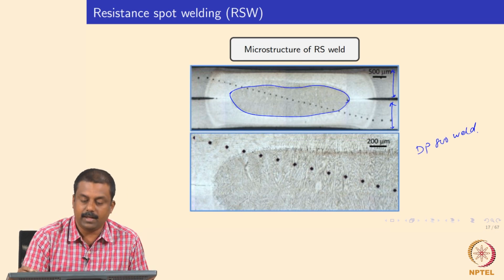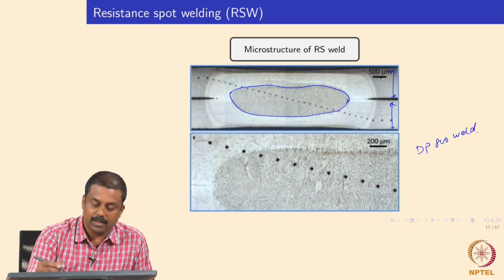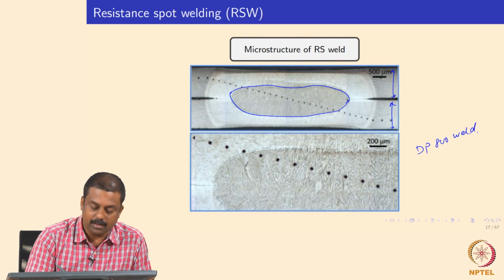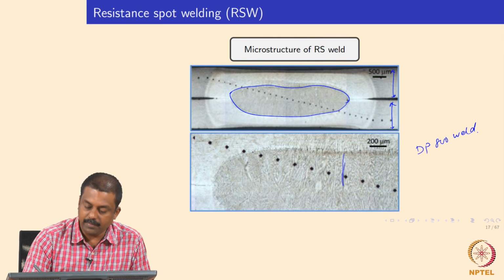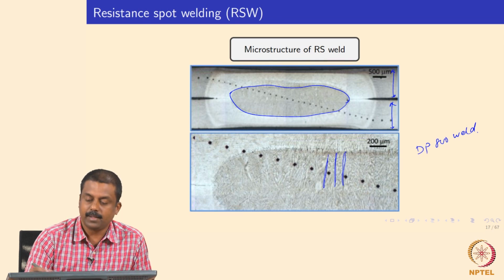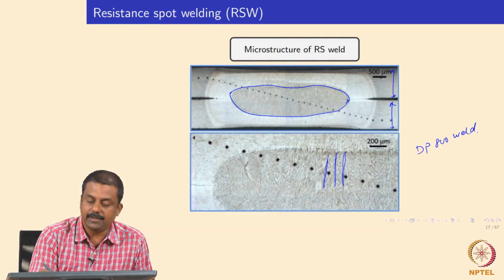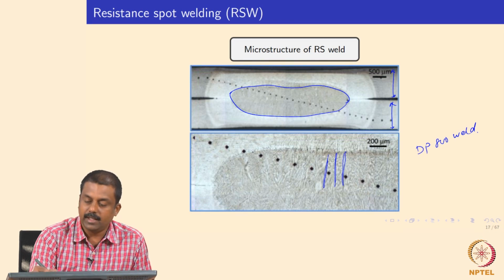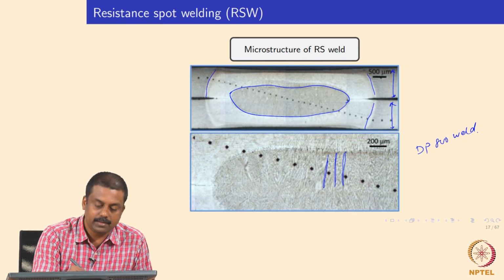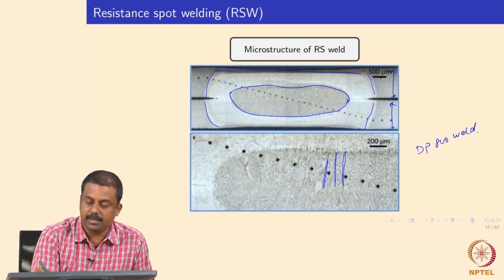This is a typical weld nugget, and if you zoom in, you see the columnar grain growth solidification towards the weld center line. Subsequent to the fusion boundary you have a heat affected zone, and in this case it is also clear. The heat affected zone is somewhere up to this region.